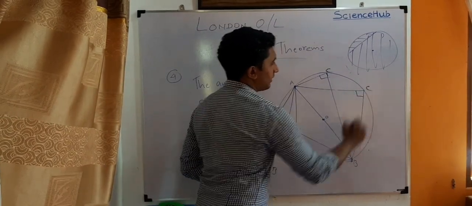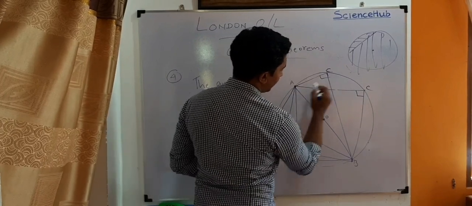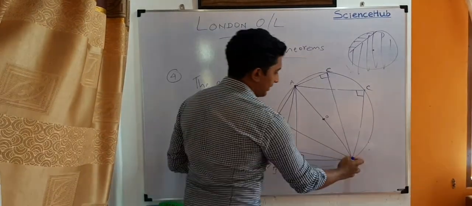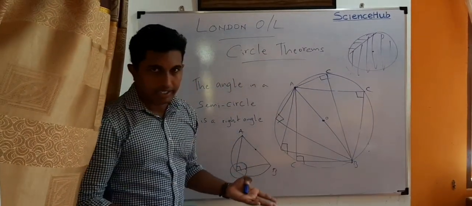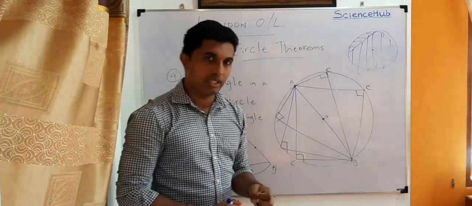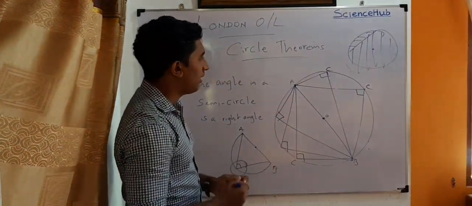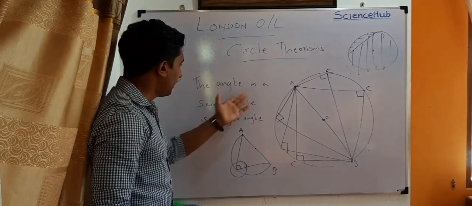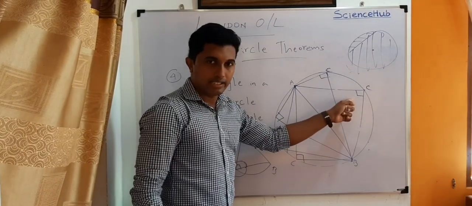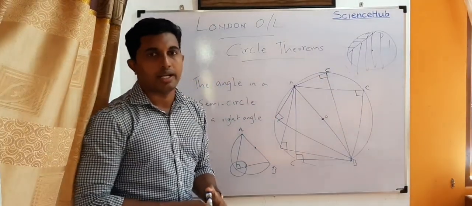If this one is also C, this AC and this AC are different in length, and this BC and this BC are different in length, but this one and this one are equal to 90 degrees. Why? These both angles are what? The angle in a semicircle. This one is an angle in a semicircle, and this one also. Therefore the value of this angle should be 90 degrees.